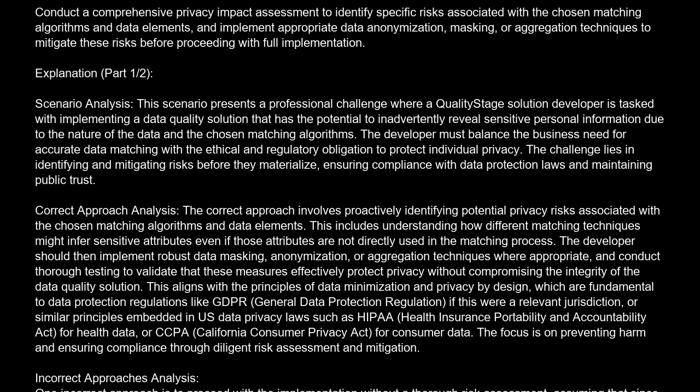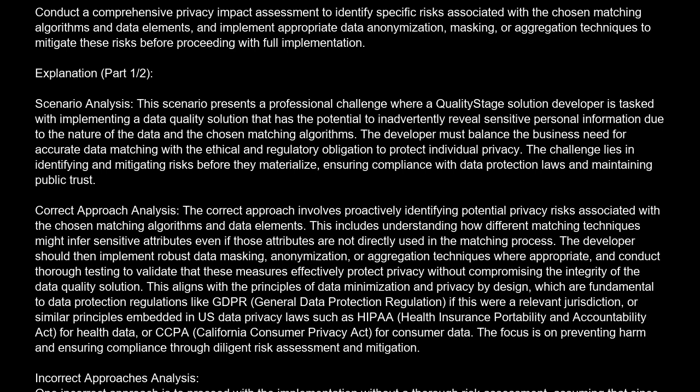The challenge lies in identifying and mitigating risks before they materialize, ensuring compliance with data protection laws, and maintaining public trust. Correct approach analysis. The correct approach involves proactively identifying potential privacy risks associated with the chosen matching algorithms and data elements.